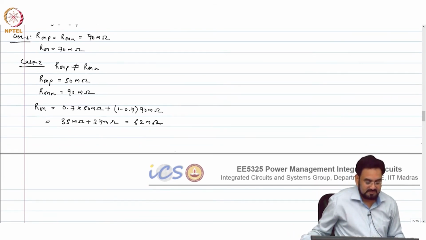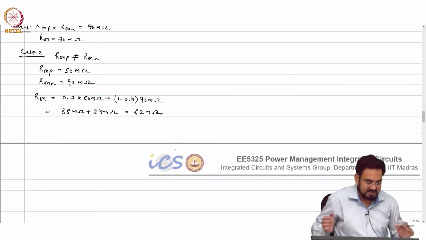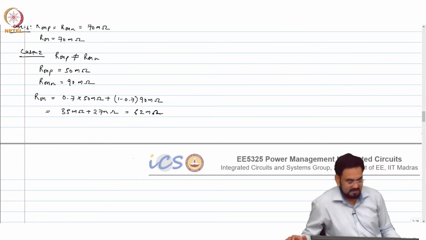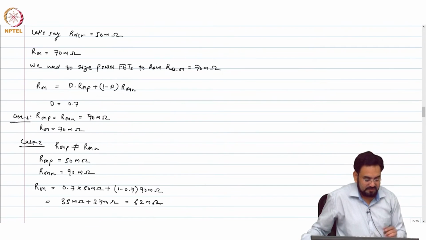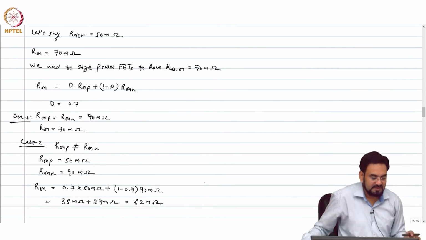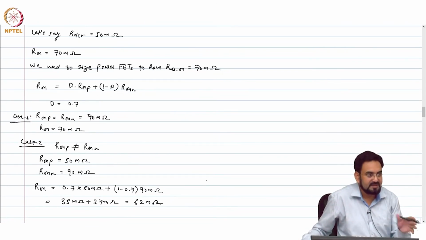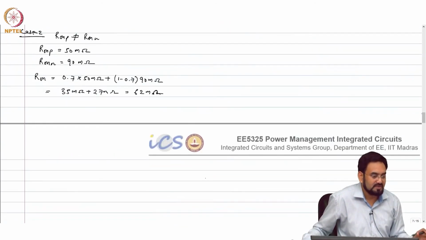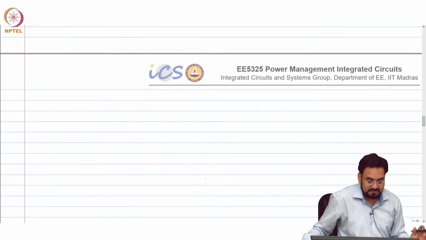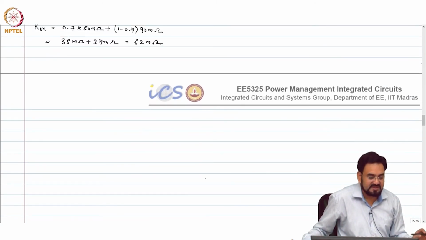Okay. So you can do these optimizations in the design. So for now I will just try to go with RDS on of P same as RDS on of N and 70 milliohm.